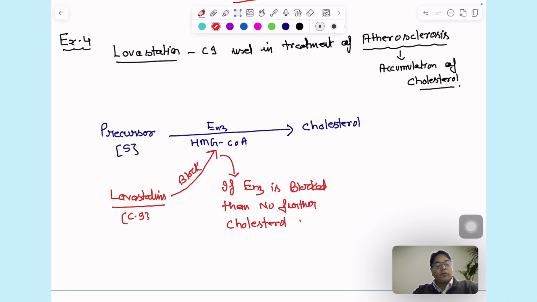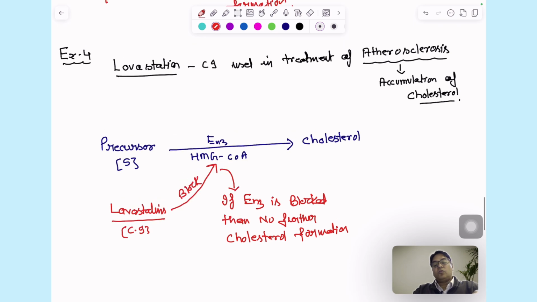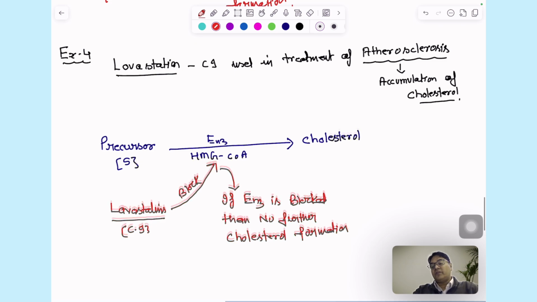So like this we can control atherosclerosis by preventing the formation of cholesterol with lovastatin. So lovastatin is acting as a competitive inhibitor, and it is helping us in the control of atherosclerosis.